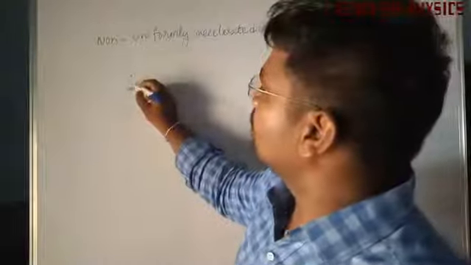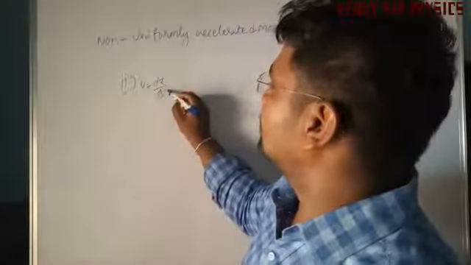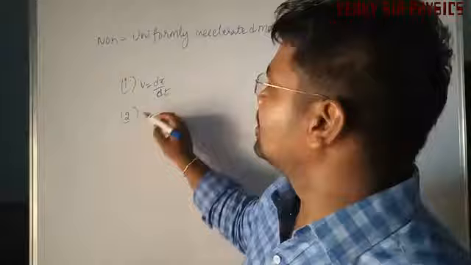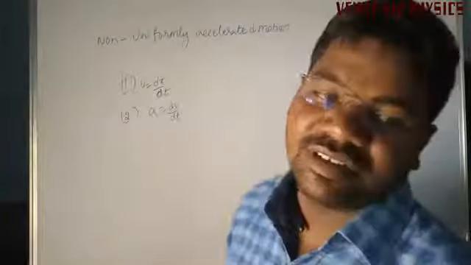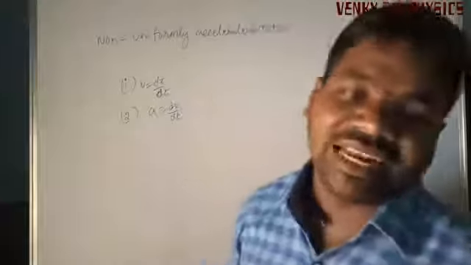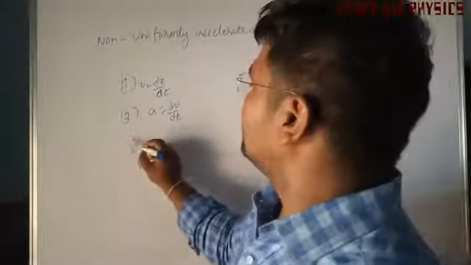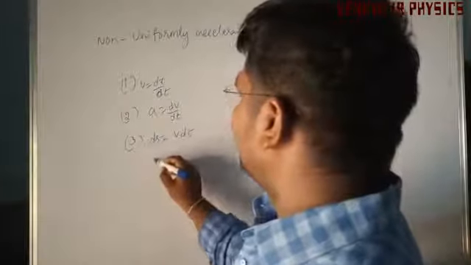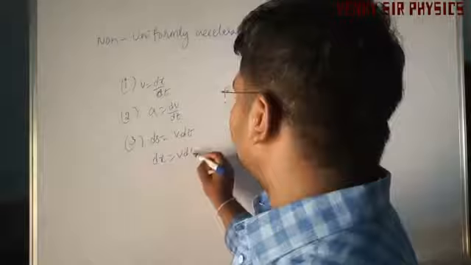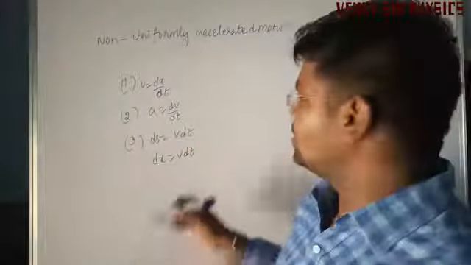First one, v is equal to dx by dt, we know that. Second one, a is equal to dv by dt. And third one, ds is equal to v dt, which is written as dx is equal to v into dt. So dv is equal to a into dt.